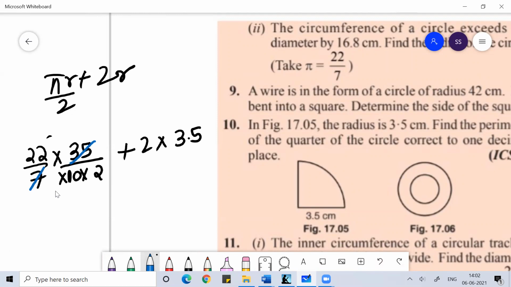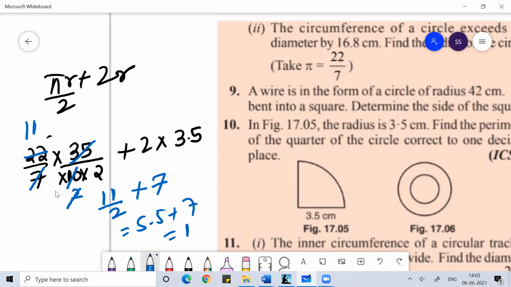This is 5, this is 2, this is 11 by 2, means 5.5 plus 7. It becomes easy, 5.5 plus 7 is 12.5. I don't know what was the calculation mistake. Okay, sir.